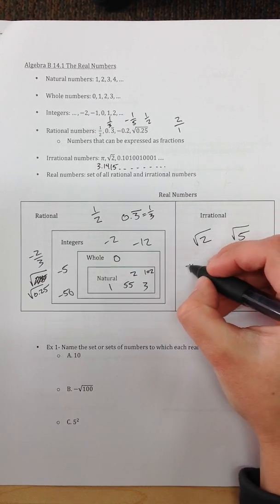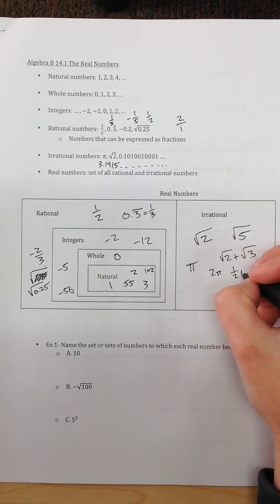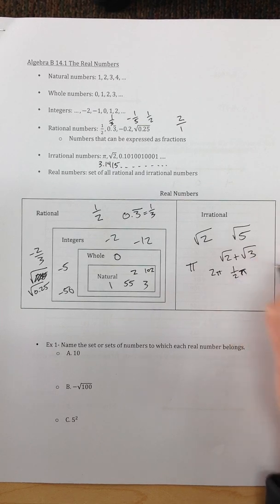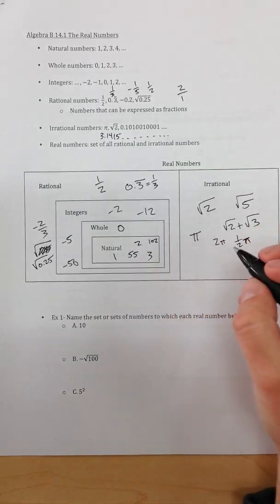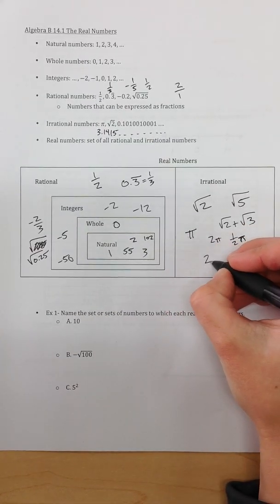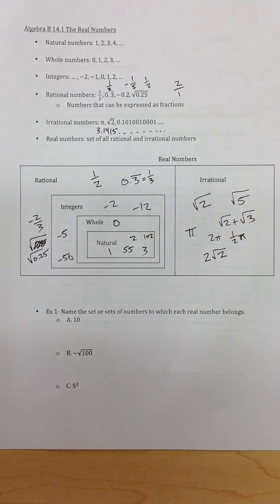You could have pi, or something with a pi, like 2 pi or a half pi. We haven't seen these yet, but this is what we're working on this chapter: 2 times the square root of 2, where it's multiplying by an irrational number. All of those fit in that group.